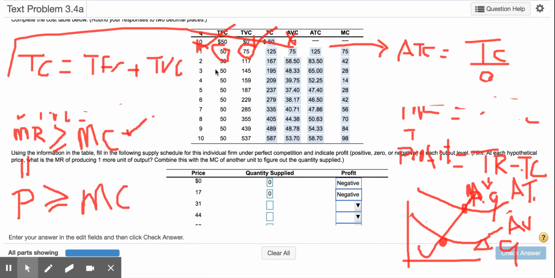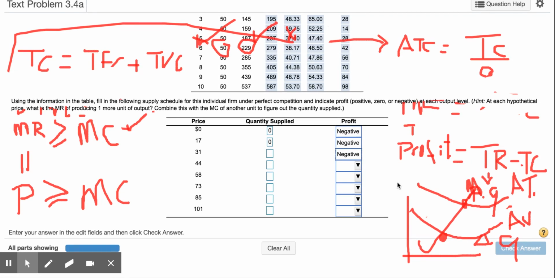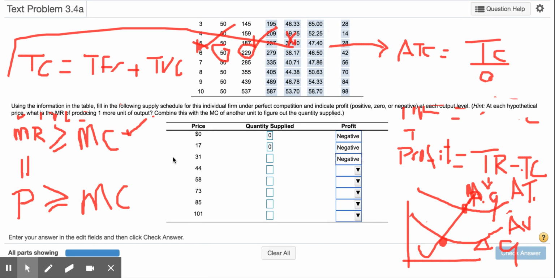So always get total revenue, multiply price by quantity, and deduct total cost from that. So it's going to be negative. Okay, we do the same thing in here. So we did this one.